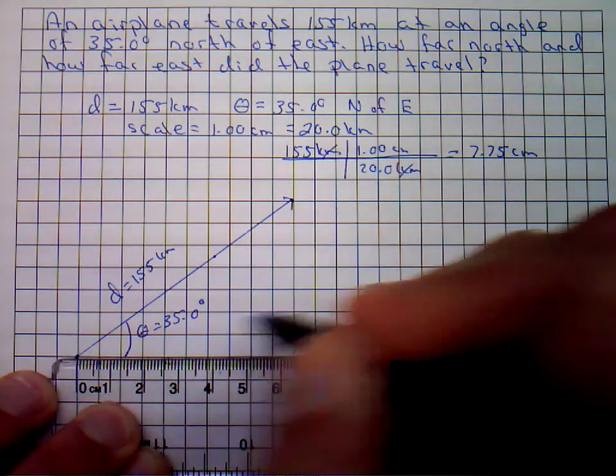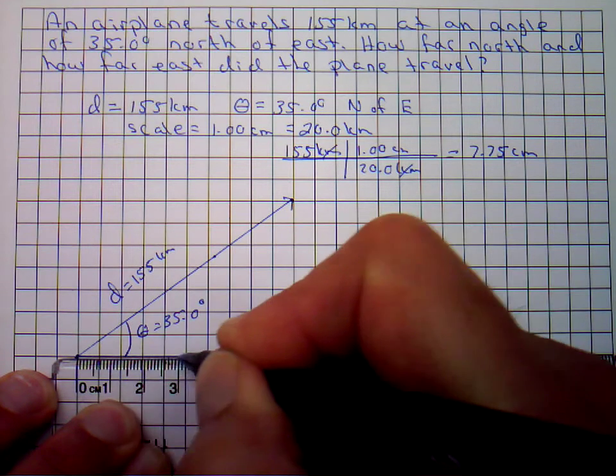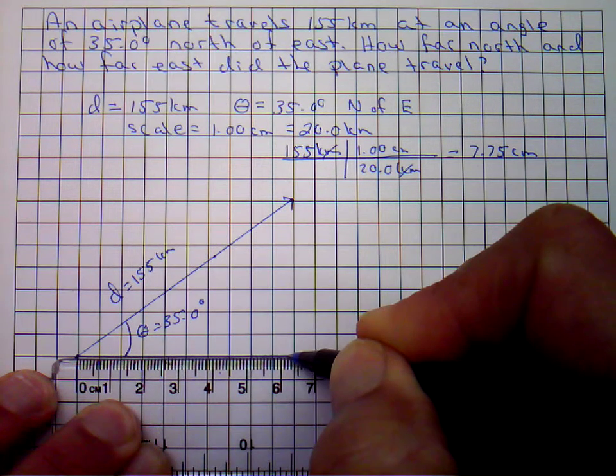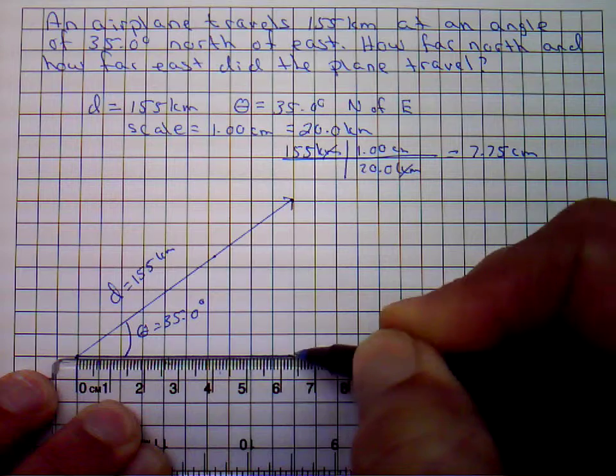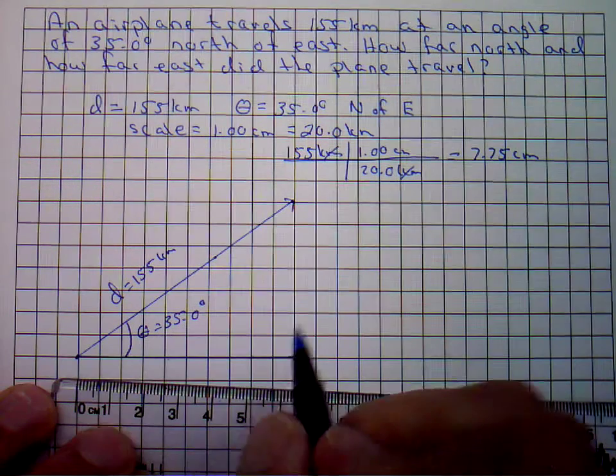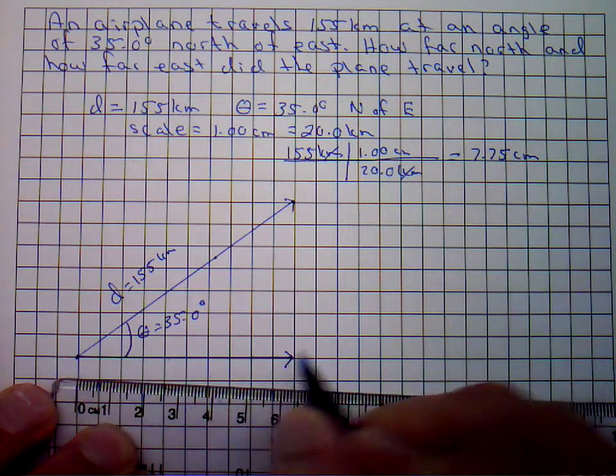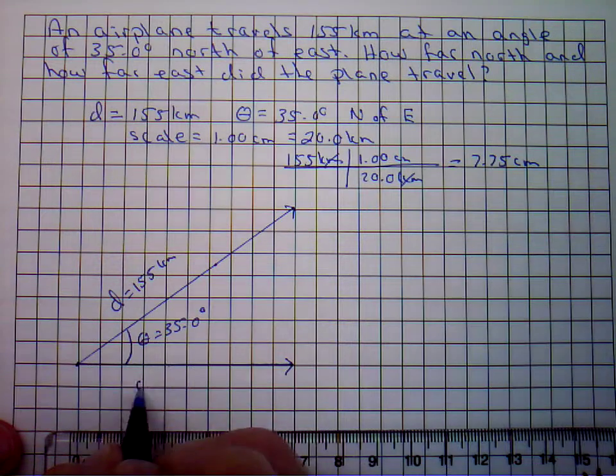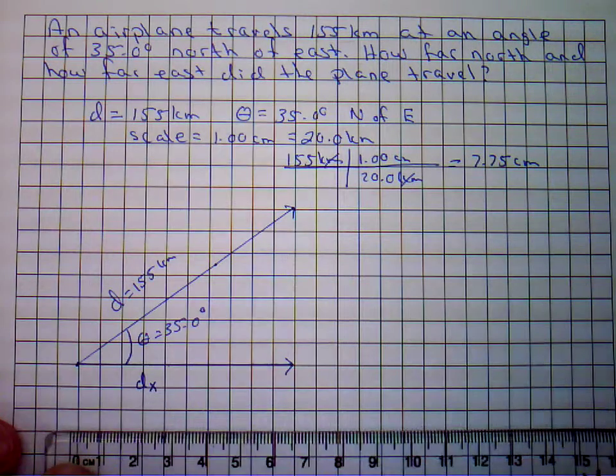So we draw that line from here to this point right here. And again, this is a vector, so an arrow there. This is the x component of that vector, so I'm going to call that dx.